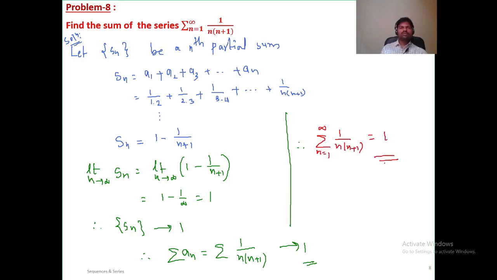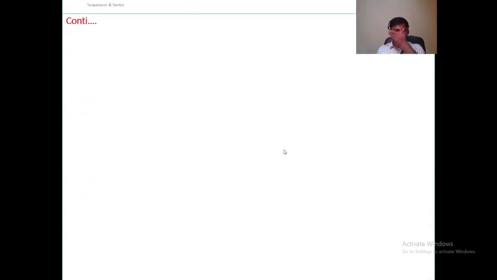So the sum of all these terms, 1 upon 1 into 2, 1 upon 2 into 3, 1 upon 3 into 4, up to so on, taking infinitely many terms, the sum will be 1. Okay. Next one.